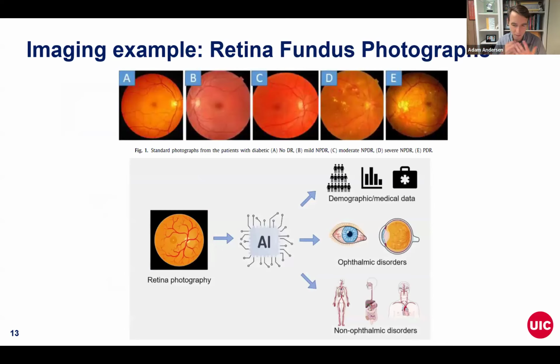Now, unless you're an ophthalmologist, this is not something you think about, but it's possible that some of you had this photograph taken of your retina. The retina is an extension of your central nervous system. It's this bowl-like structure that sits in the back of your eyeball and takes in all of that visual information from the outside world.